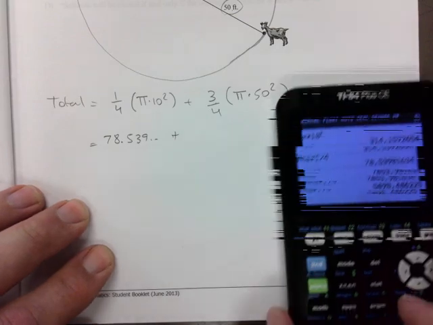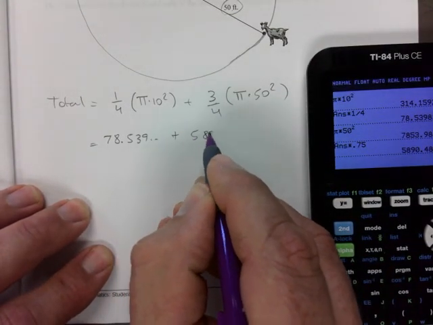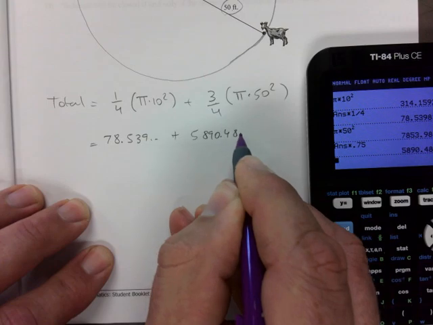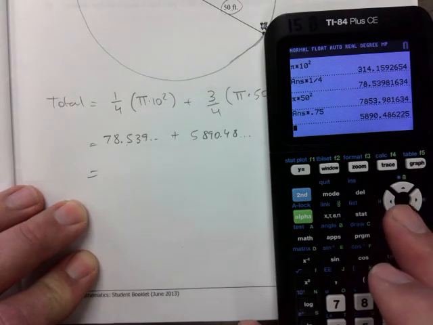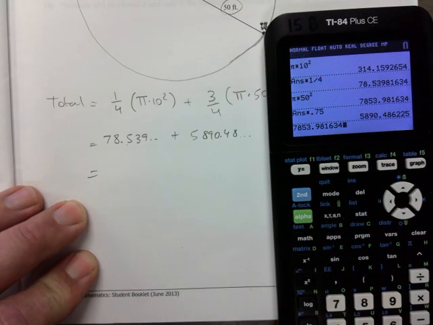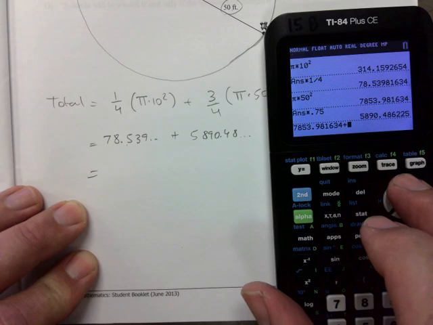I'm going to go times 0.75 there. That's 589048 something. And I can add these up because they're still on my calculator. So I'm going to copy paste, plus.